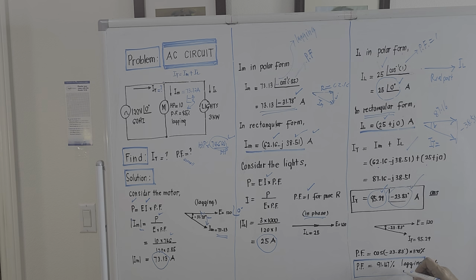This is still a lagging power factor. One definition of power factor is the cosine of the angle between the voltage and the current. The cosine of 23.83 degrees is 0.9147, times 100%. The power factor is 91.47%, still lagging.